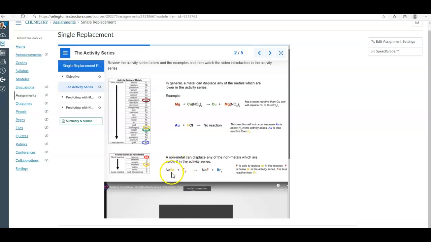That is why in this example, when you react fluorine with sodium bromide, fluorine will replace bromine in this compound to give you sodium fluoride and bromine gas. That is basically how you use the activity series to predict if a reaction will occur. Now, let's do one example.